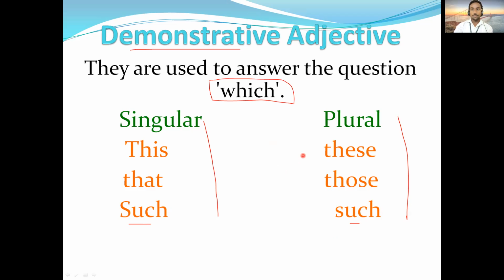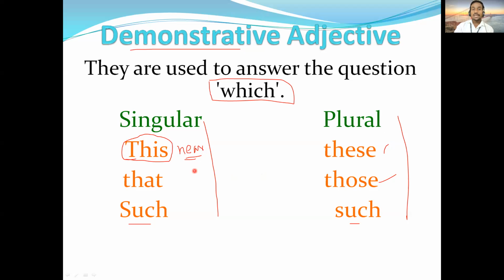All right, so now pay attention. So this, that, such, these, those. Now these is plural, those is plural. And another difference I can tell you: this is used to show something which is near to you. For example, if I say this pen is very good, this pen is near to me.